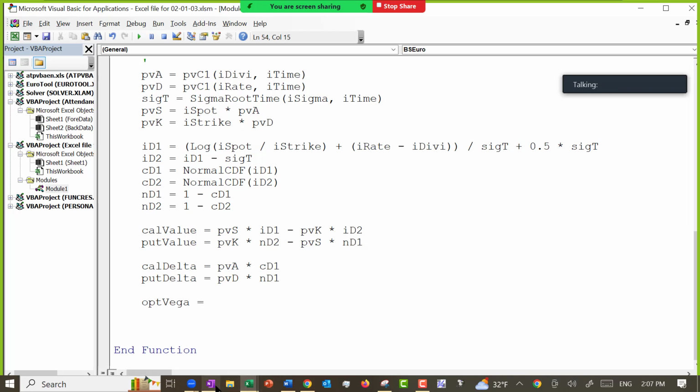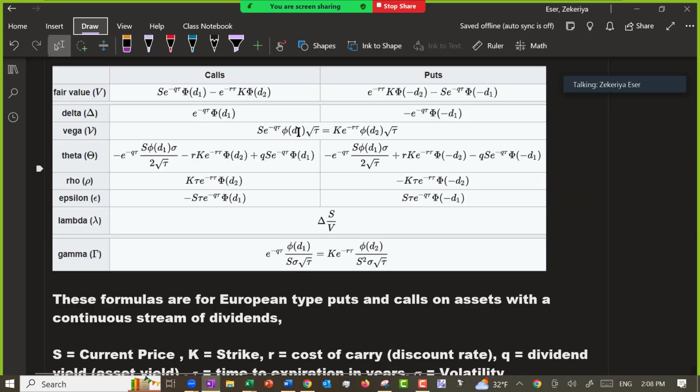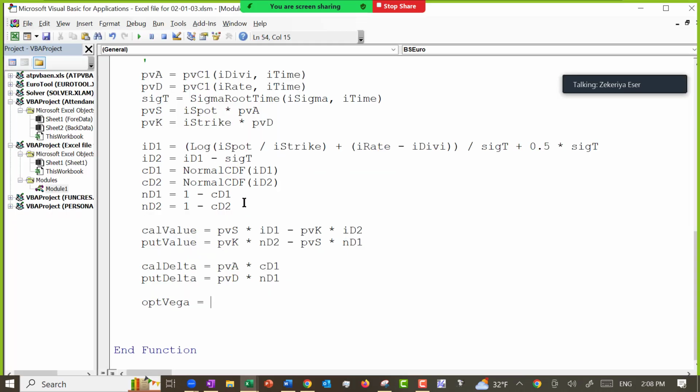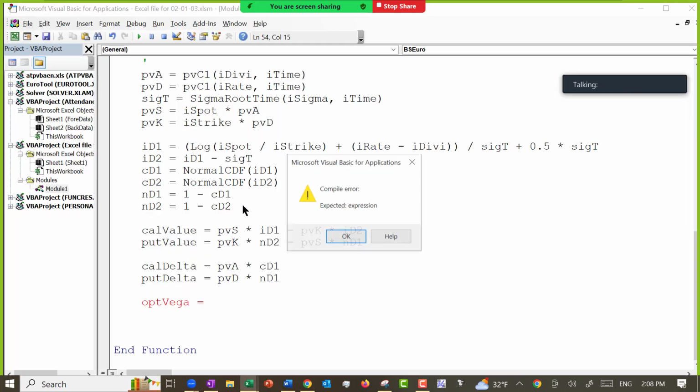It does need the PDF at D1. Let me see, do I need PDF of D2 anywhere? Yeah, at gamma I do. So let's calculate the PDFs. So yes. Let's do this.